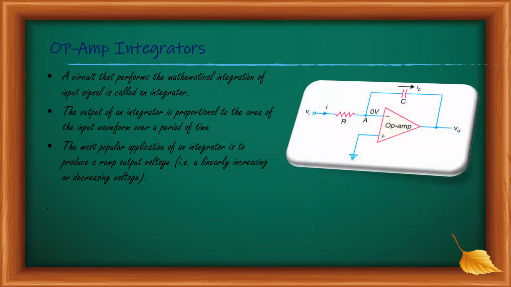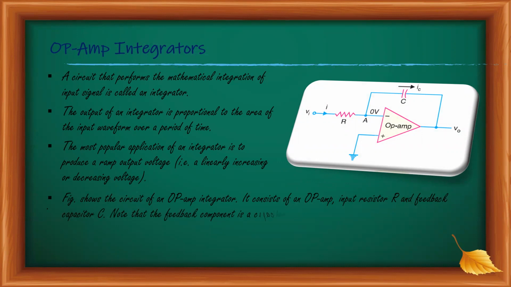Now the figure shows the circuit of an op-amp integrator. When we look at the circuit, it is clear that this circuit contains a feedback path.